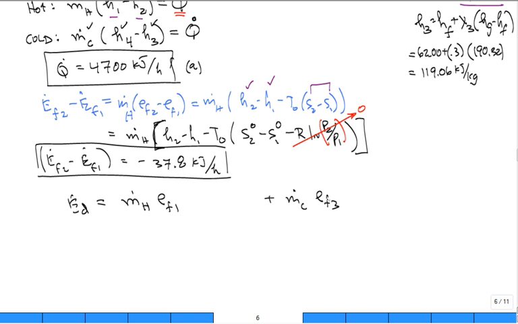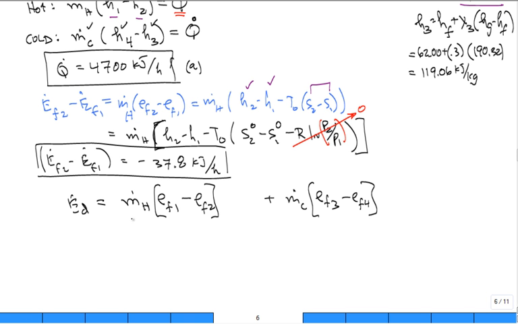And if nothing went out, all of that would be destroyed. But we have going out minus the mass flow rate of the hot times EF2, and we have going out EF4 there. Does that equation make sense?